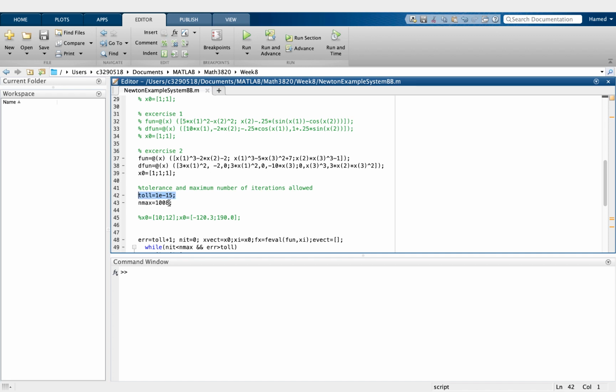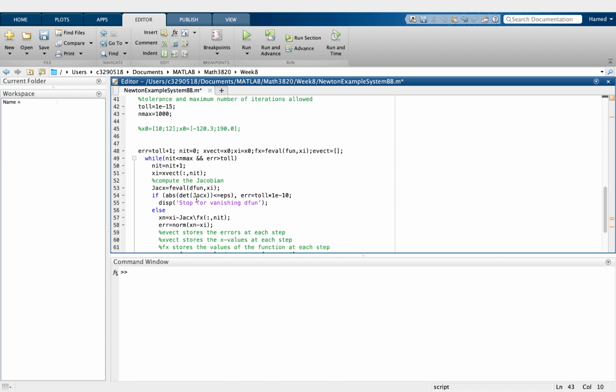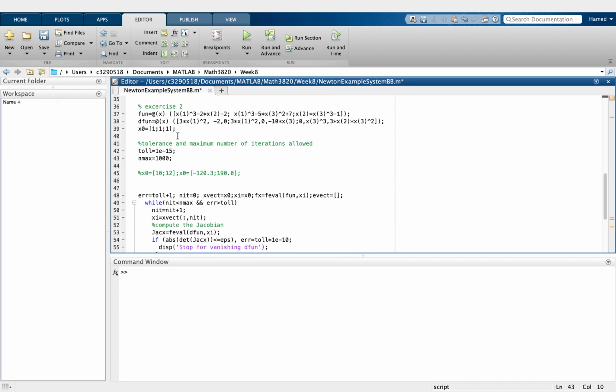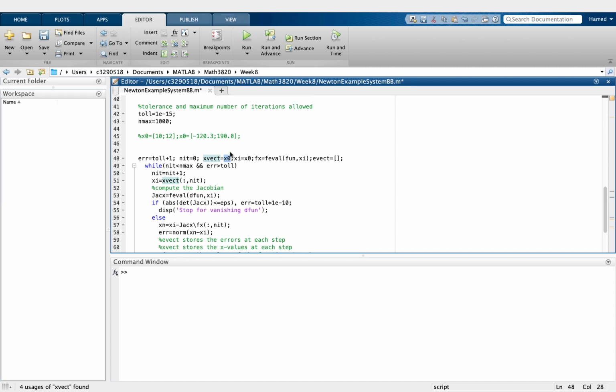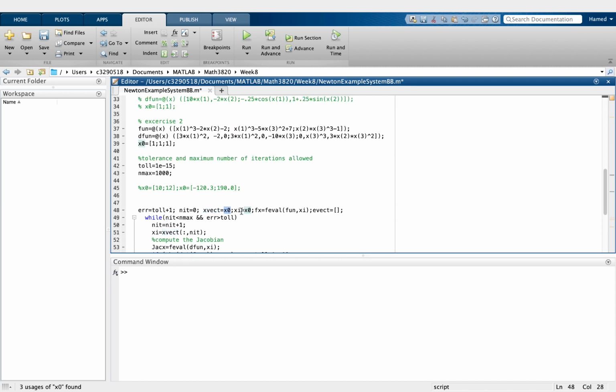Now here we define the tolerance. We want to repeat the loop at most 1000 times. We have an initial value for calculating the derivative and for calculating xk plus 1. Here we define error to be tol plus 1, nit equal to 0, and the x vector is at first set as the initial value for x, and xi will be equal to x0, which, as you remember, we had there.